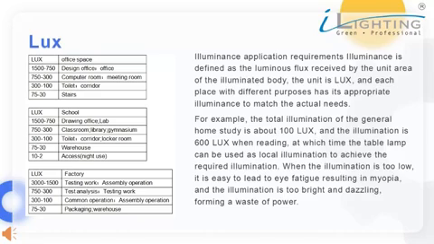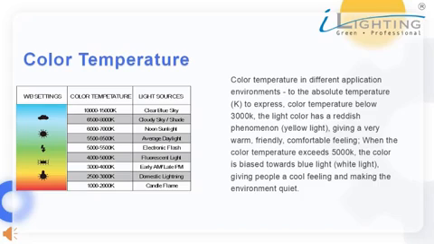For example, the total illumination of the general home study is about 100 lux and the illumination is 600 lux when reading, at which time the table lamp can be used as local illumination to achieve the required illumination. When the illumination is too low, it is easy to lead to eye fatigue, resulting in myopia, and the illumination is too bright.